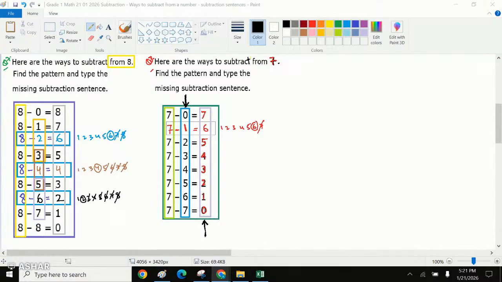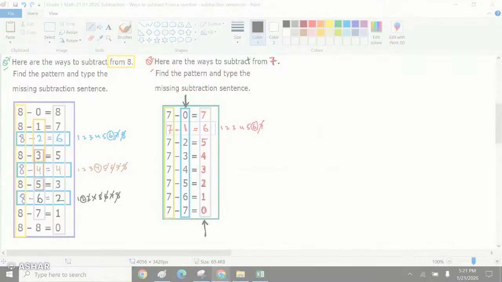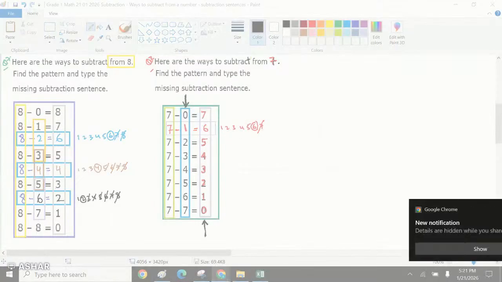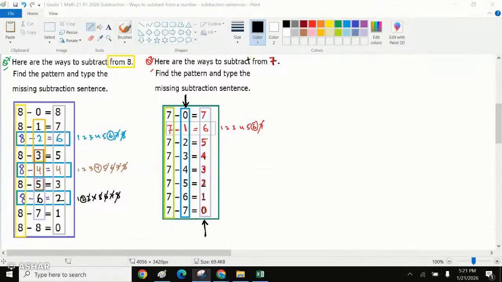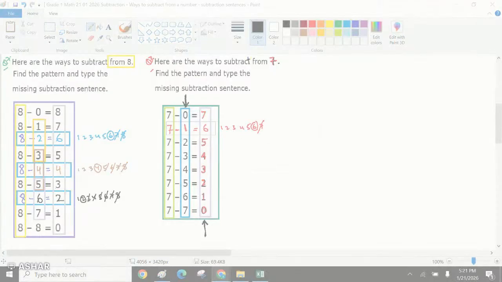Moving ahead to the next question. It says subtraction from 10. Just give me a second, I'll just copy this.